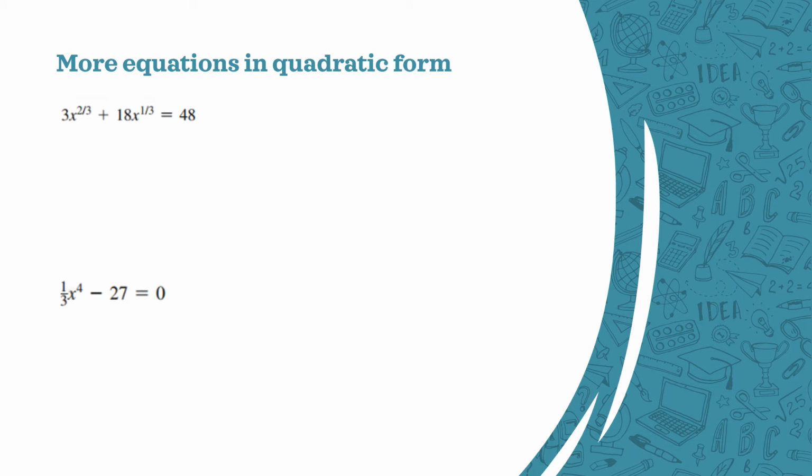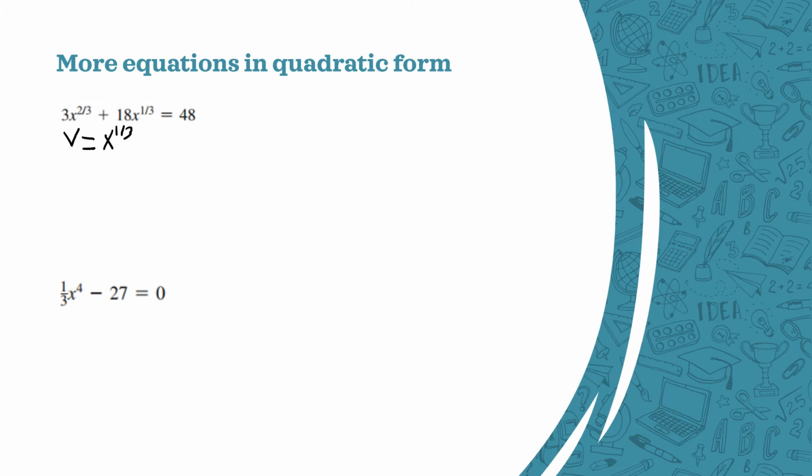So here we're going to do solving more equations in quadratic form. Well, here I can say, okay, I'll call it v. Let v equal, you can call it anything you want as long as it's not the same variable as in the equation that you're trying to solve for. So let v equal x to the third.